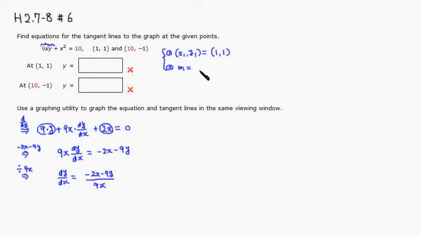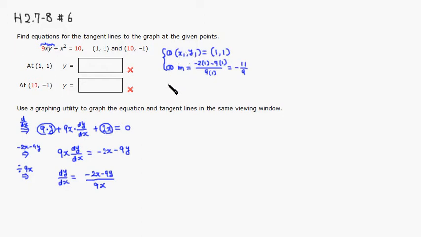So this is negative 2 times 1 minus 9 times 1, all over 9 times 1. That's negative 2 plus 9, which is 11 over 9.